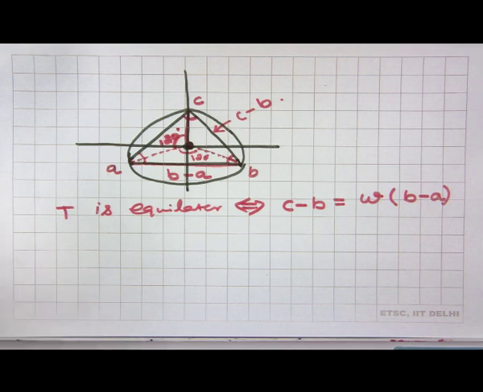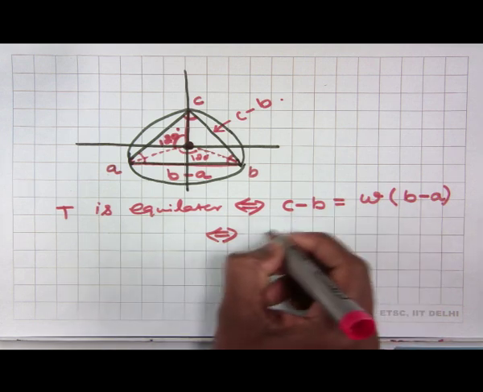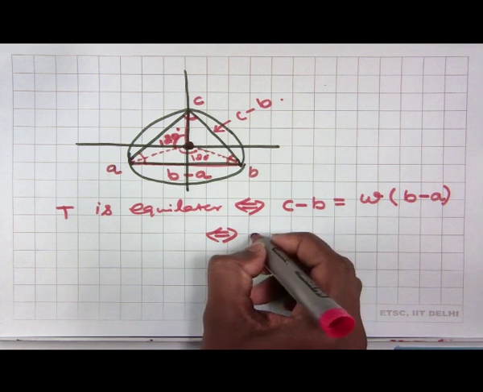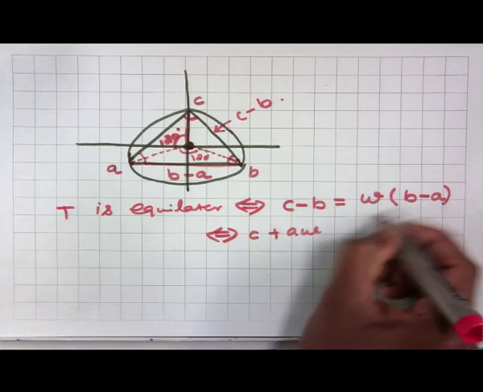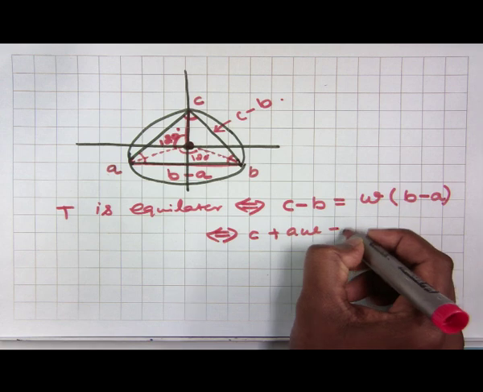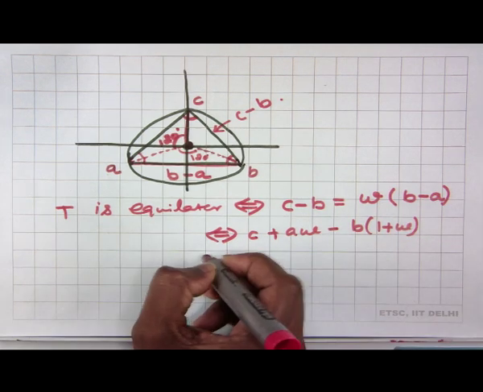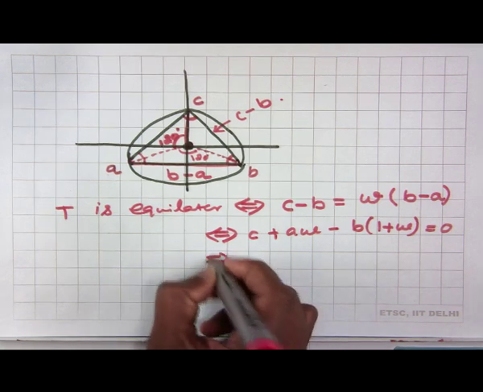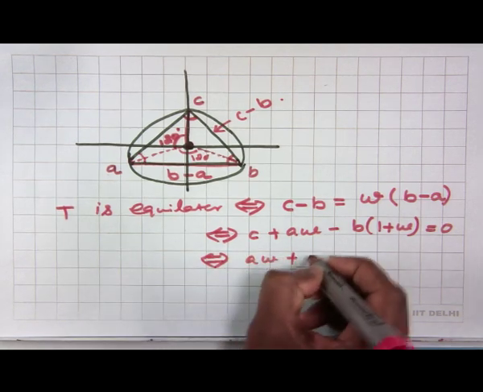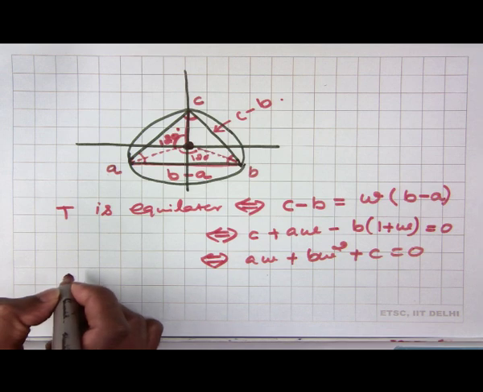So this is same as, now we see that by simplifying the equation, which is c plus a omega minus b (1 plus omega) equal to 0, and this is same as a plus b omega square plus c omega equal to 0.